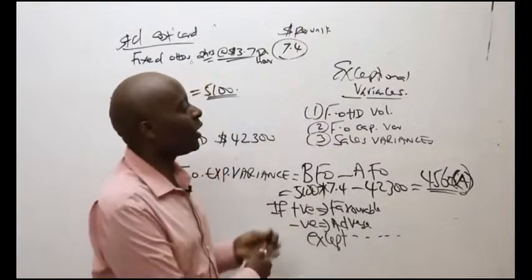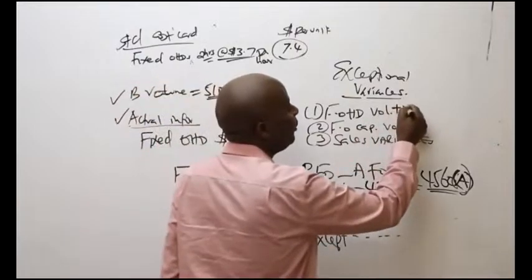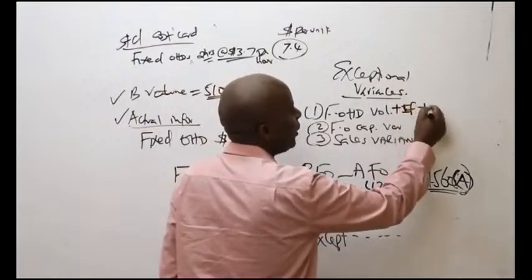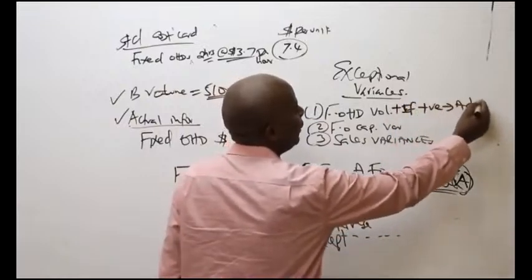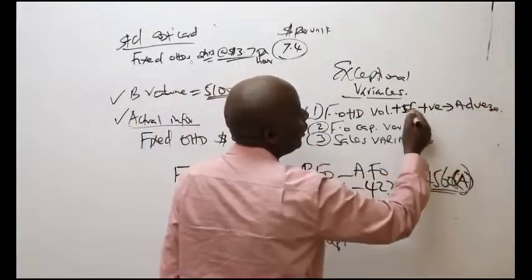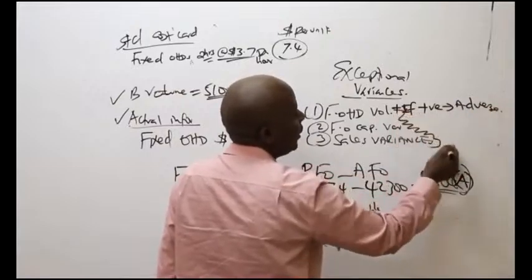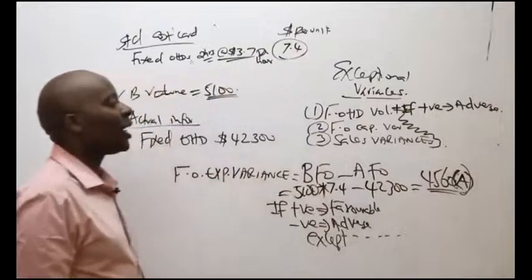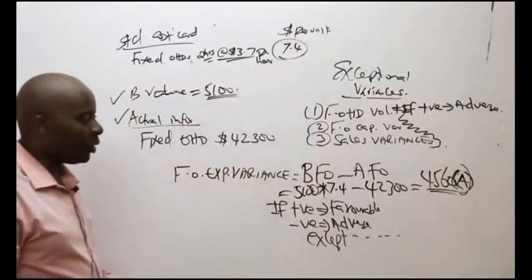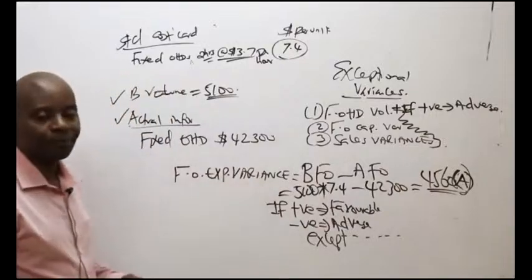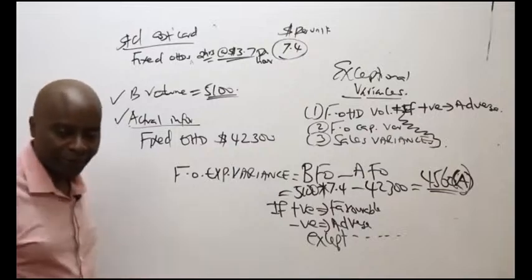So for fixed overhead volume, if positive, take it to be adverse. All the three actually. If they are positive, instead of them impacting on our profits positively, they will be disadvantaging us. Is that okay?